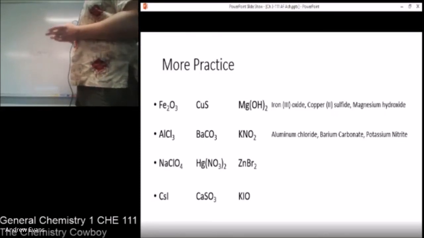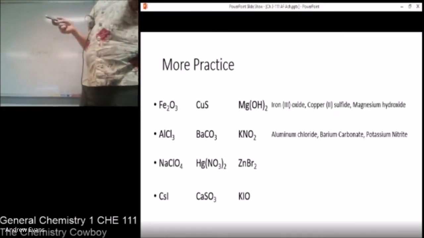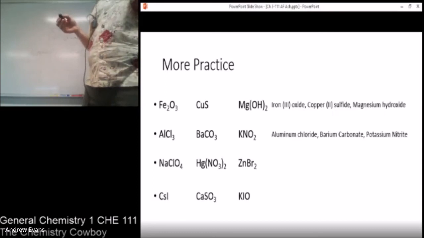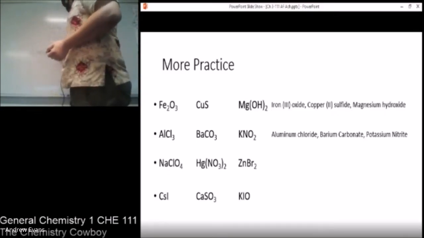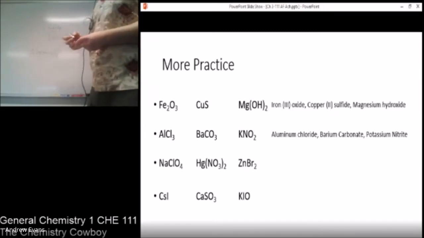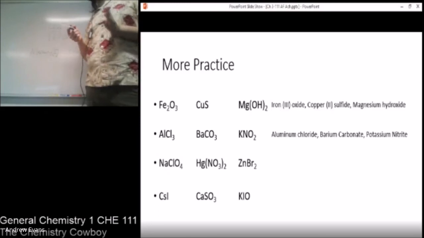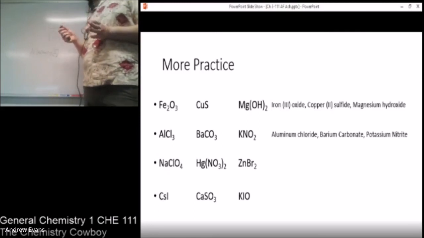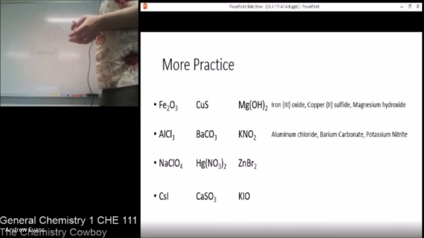There's 2 NO3s, so a total of 2-, meaning the mercury is mercury 2+. So we'd call this mercury(II) nitrate. We have to determine the charge of mercury by the charge of the oxyanion. And that's a little tricky because nitrate is not just one you can look at on the periodic table. You need to start learning those.